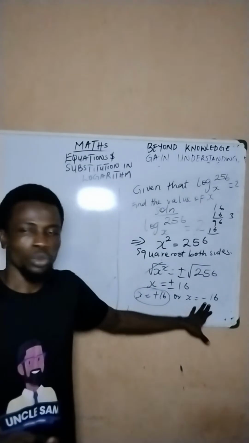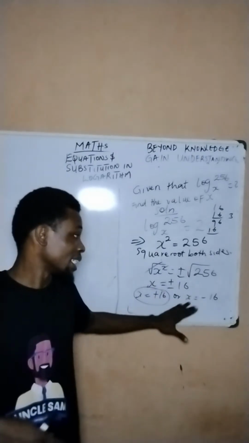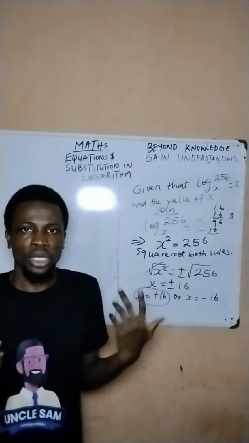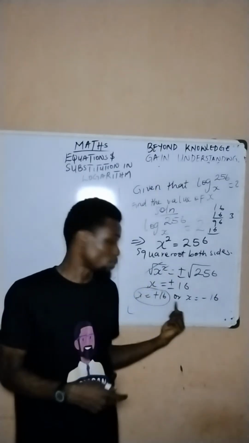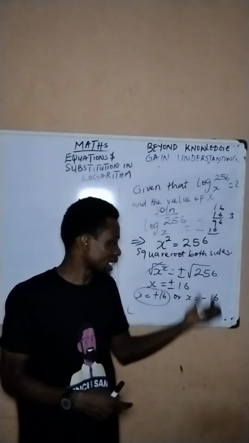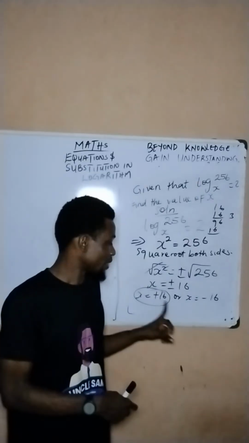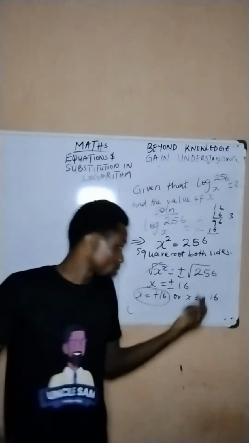It's mostly a positive base that we end up having. We don't really work with a negative base, or maybe I've not come across where we have one, or we can apply the change of base system. The reason I put a plus and minus sign is that both the positive and negative values will still give us 256. If I do minus 16 all squared, it will still give me 256.